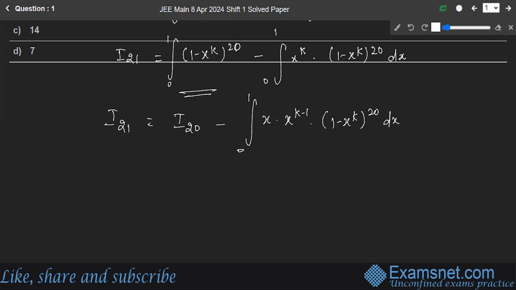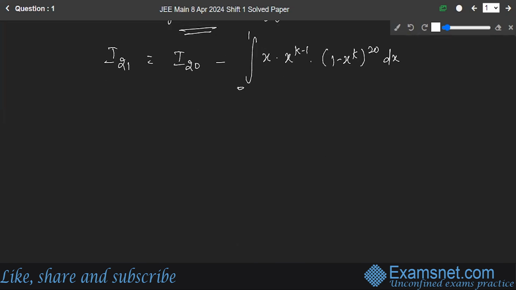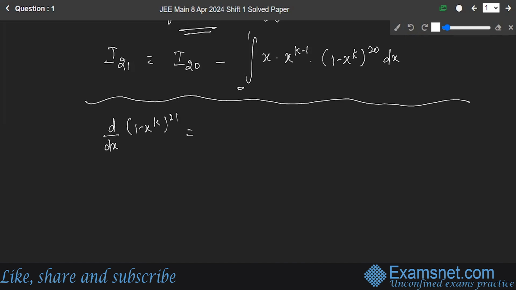Now, let's understand one thing before solving it further. If I take (1 minus x raised to power k) raised to power 21 and take the derivative of it, this will be 21 times (1 minus x raised to power k) raised to power 20 into minus k x raised to power k minus 1.